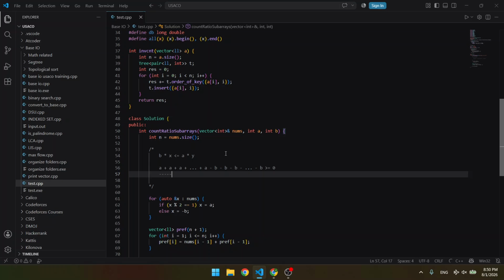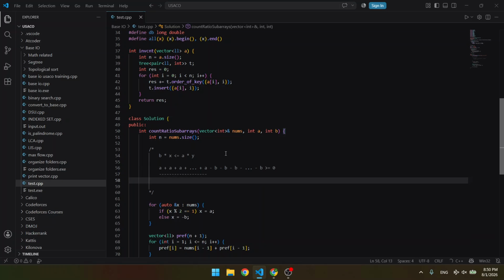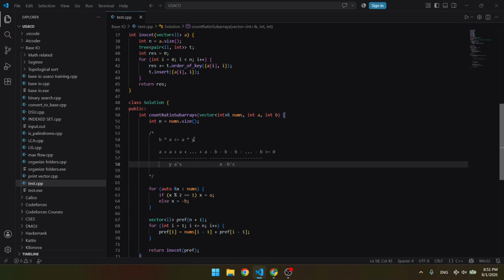So over here you have y a's, right? And over here you have x negative b's. So basically you just turn the problem into finding the number of subarrays with non-negative sum.